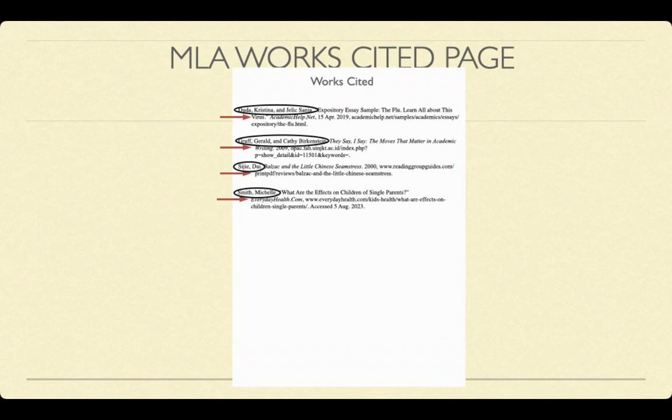And make sure that your works cited page is alphabetized by author last name. By the way, I've circled the title Balzac and the Little Chinese Seamstress in red just to remind you that now, which is a fairly new rule, the names of books or titles of books are no longer underlined but are italicized.